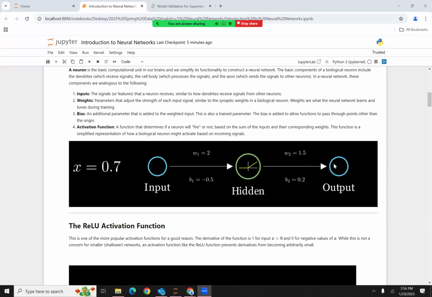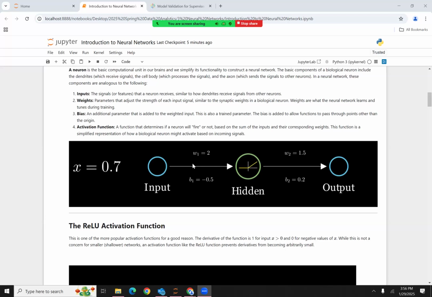And finally, we output the result in an output node. So between the input and the hidden node, we are going to multiply the input signal with a certain weight. Now the weight can be larger than 1 and we can amplify it, or it can be less than 1, in which case we attenuate the signal.